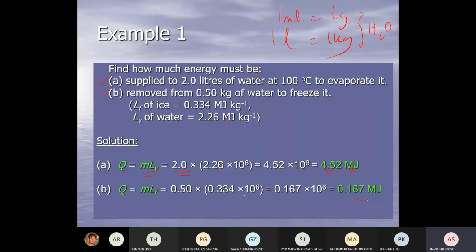So you get the amount of energy needed to be removed to freeze it. So for melting and freezing, the amount of energy involved is the same, but one is absorbed, another one is released. When melting, energy is absorbed, energy needs to be supplied. From melting to freezing, energy needs to be removed from the substance.